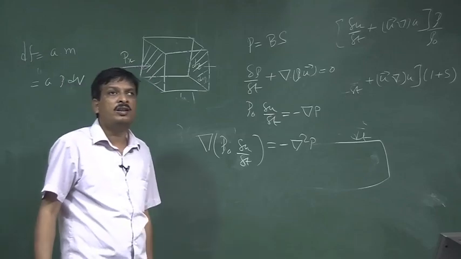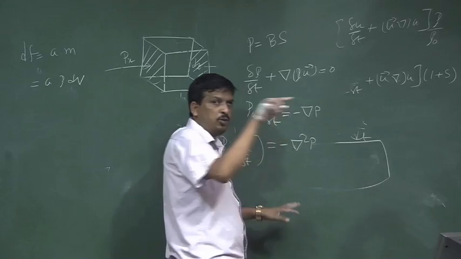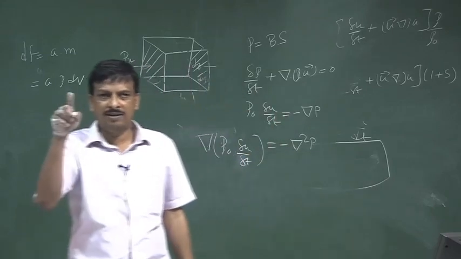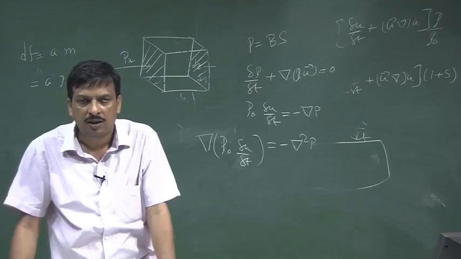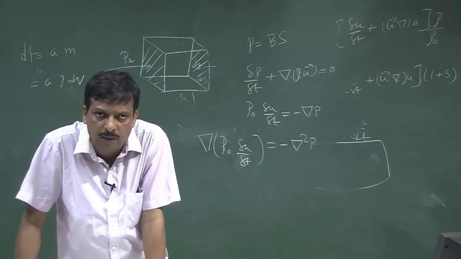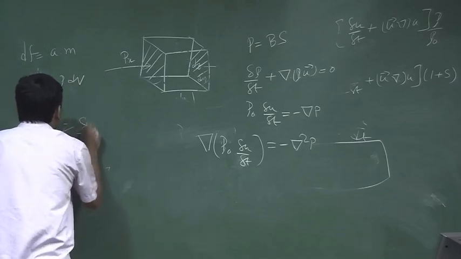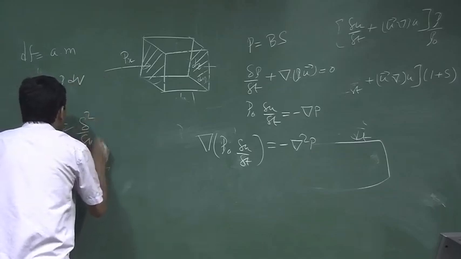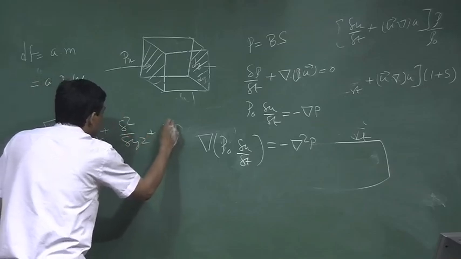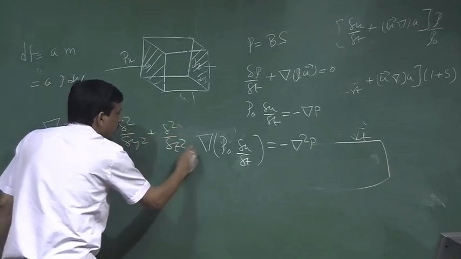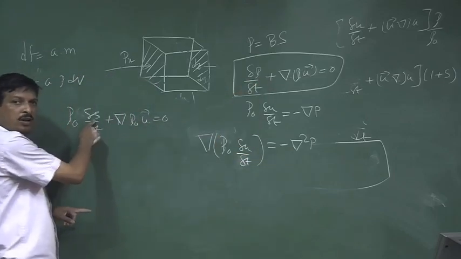Del square is called the 3-dimensional Laplacian operator. It is nothing but d square by dx square plus d square by dy square plus d square by dz square. That is the Laplacian operator. Instead of rho, I use the term of condensation.